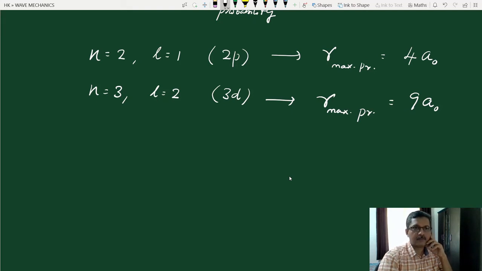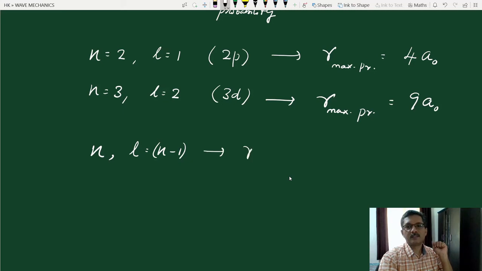For a given n, when l is equal to n minus 1, corresponding to the maximum value of l, what you get is that the radial distance corresponding to maximum probability is n squared times a0.